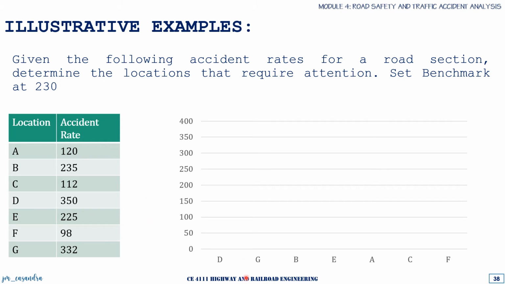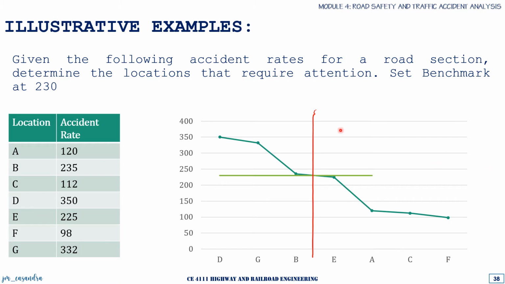So highest to lowest, we now have D 350, G 332, B 235, E 225, A 120, C 112, F 98. So if we're going to check now, or graph it, our benchmark is at 230.